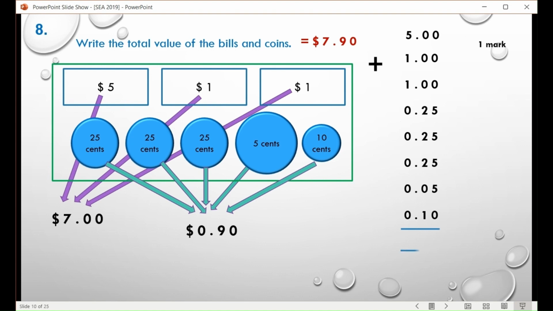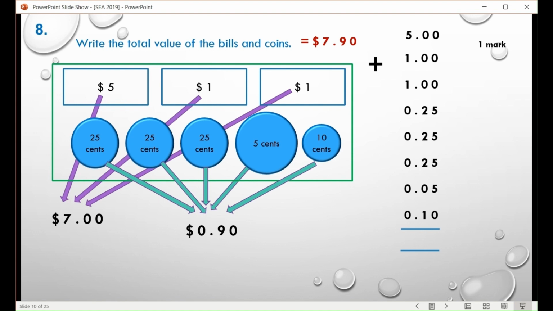Remember, it is 5/100ths. So it goes into that second column after the decimal point. So 0.05. And 10 cents will be 0.10, because 10 cents is really 1/10 of a dollar. So it will be in the place value column right after the point.